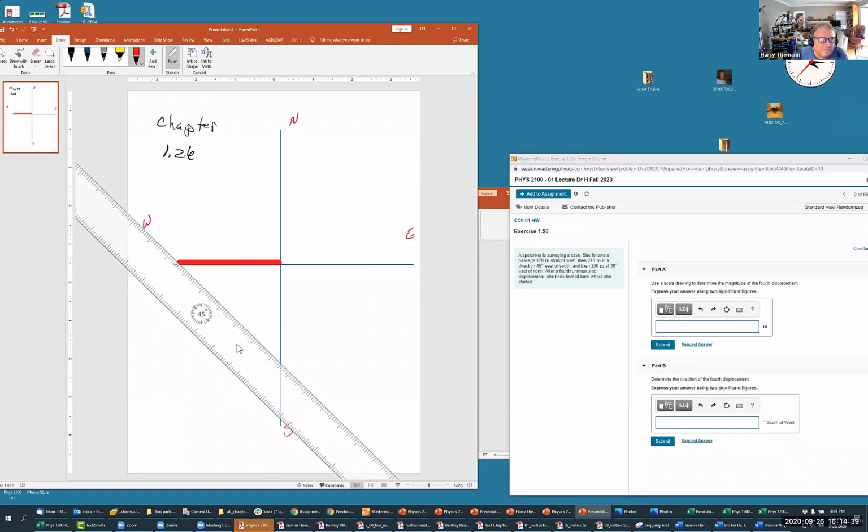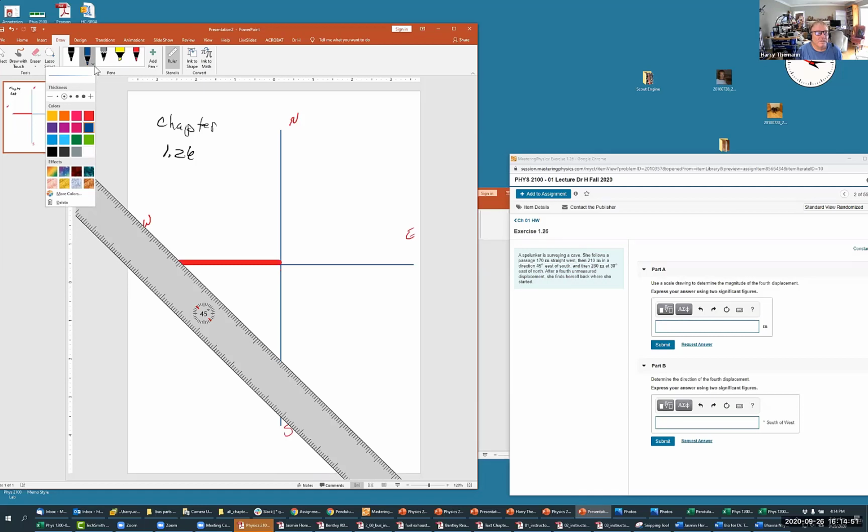Pick that, and then we have to also get that in there. So wait, where is it? That's it. Let's pick a different color, and maybe not so fat. So 210. So let's see, 21.